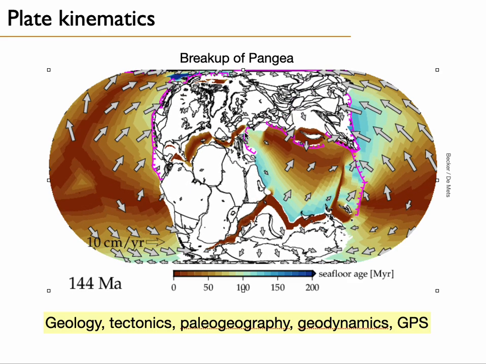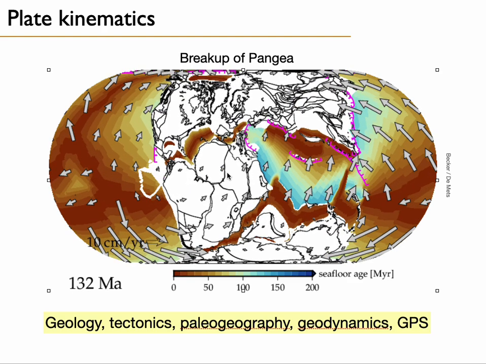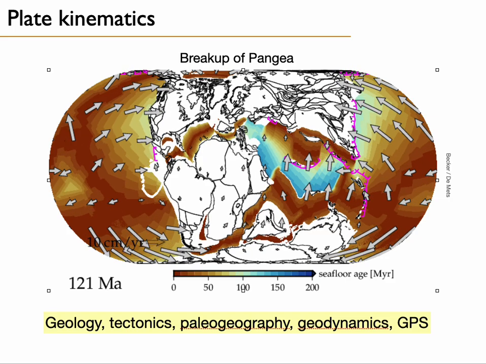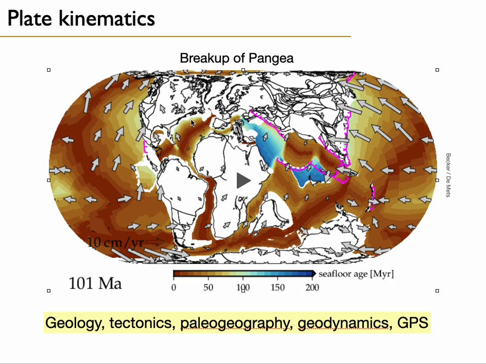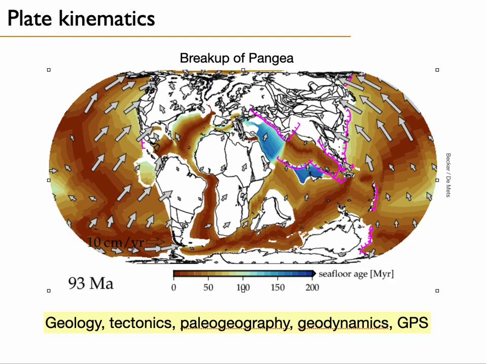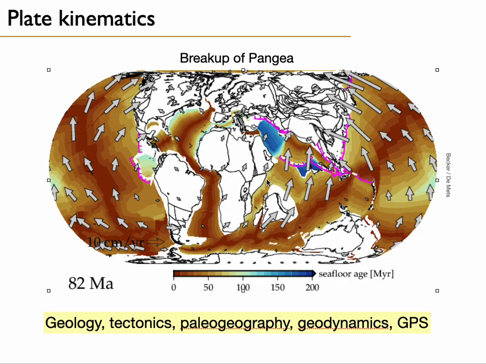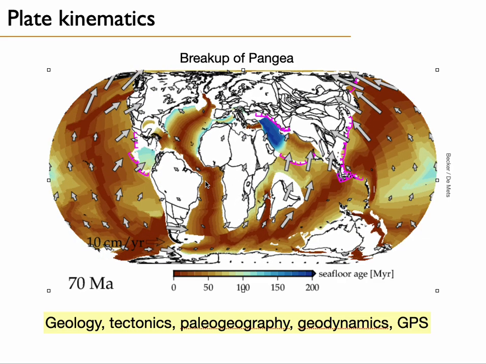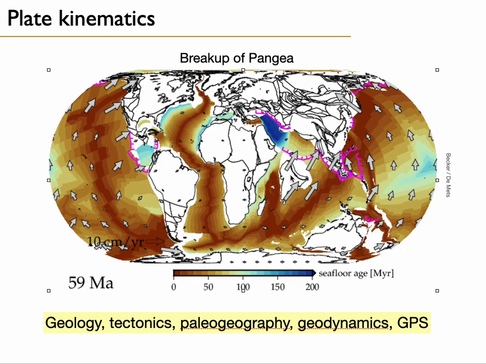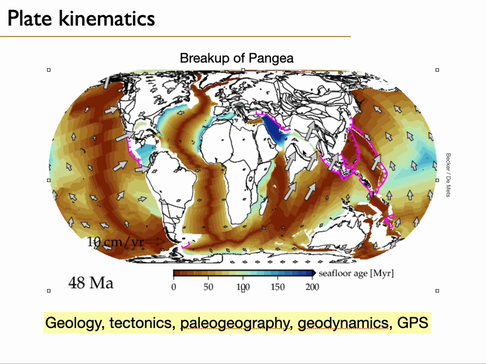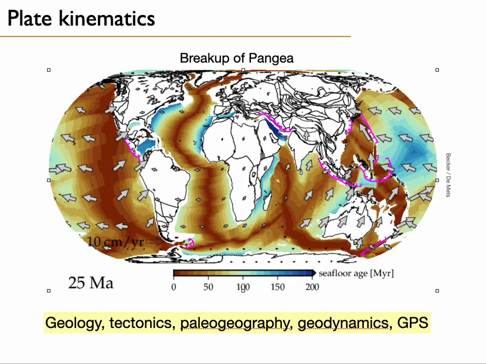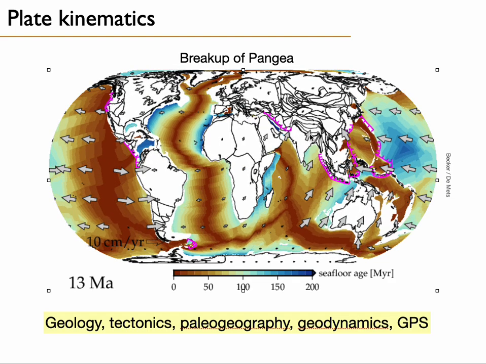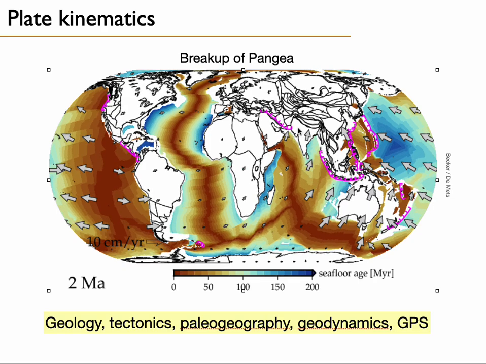So you have the motion of India that will come closer to Eurasia, the opening of the Atlantic on that side, and then it continues. You see the opening of the South Atlantic comes later, and now India is moving towards Eurasia, and it's going to collide with Eurasia to form the biggest mountain belt on Earth in the current days.